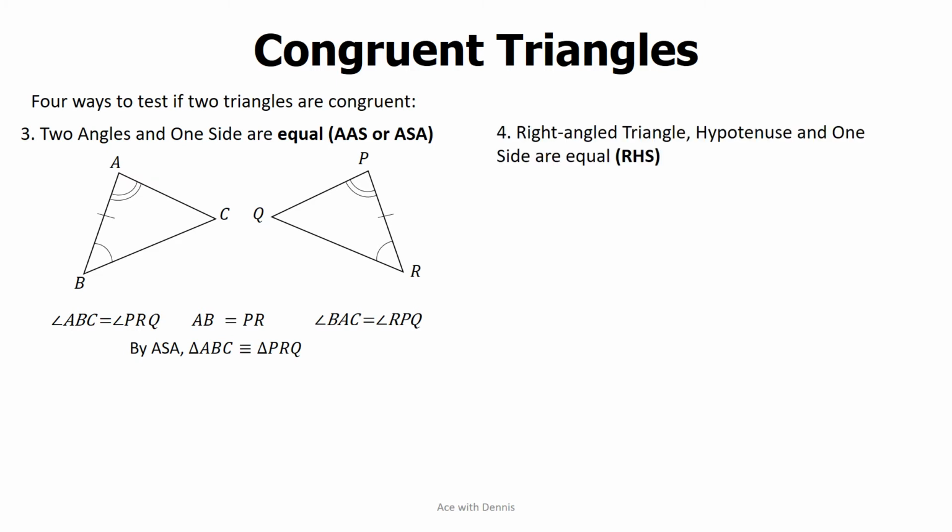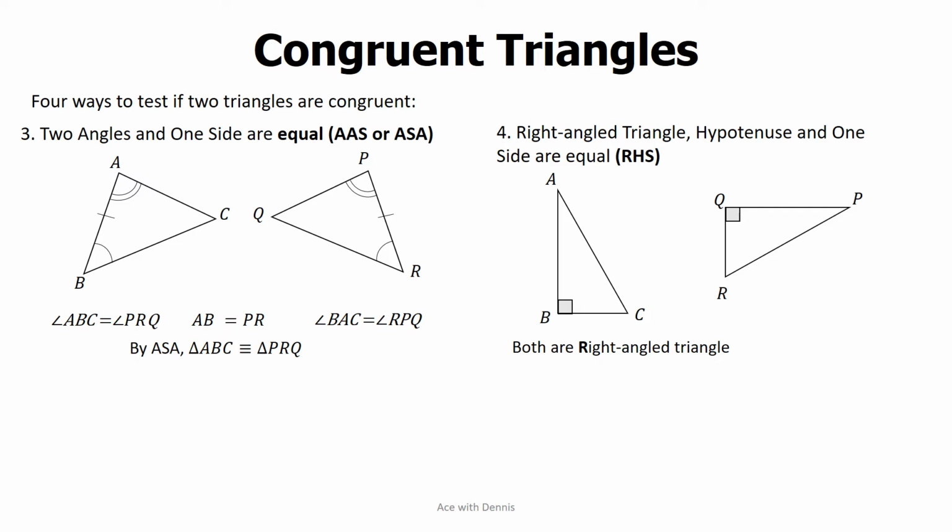The fourth way is right-angled triangle, hypotenuse, and one side are equal, in short form RHS. As stated in the title, it involves two right-angled triangles. Let's say triangle ABC and triangle PQR.